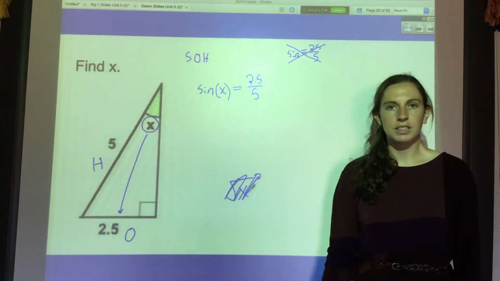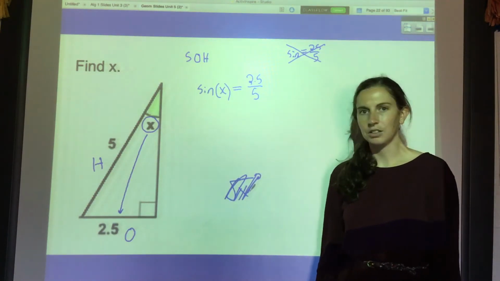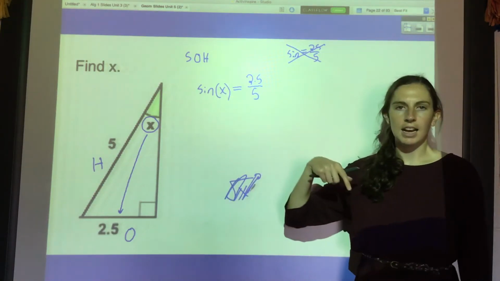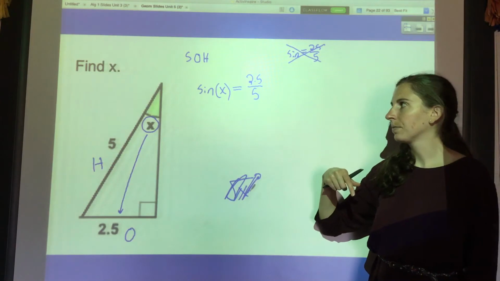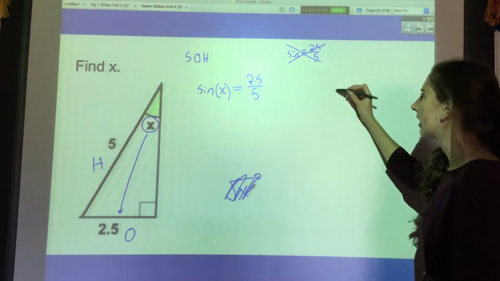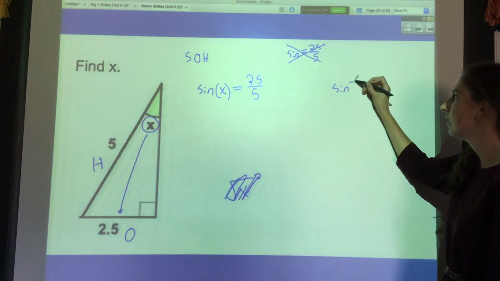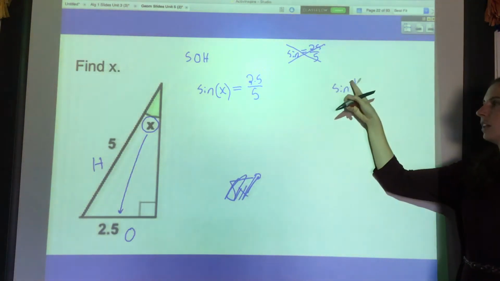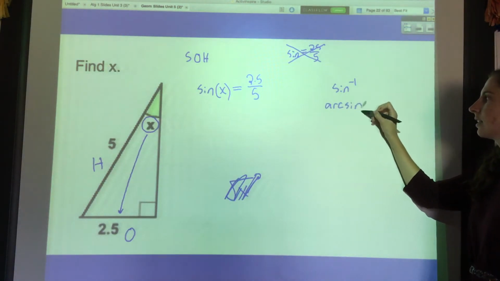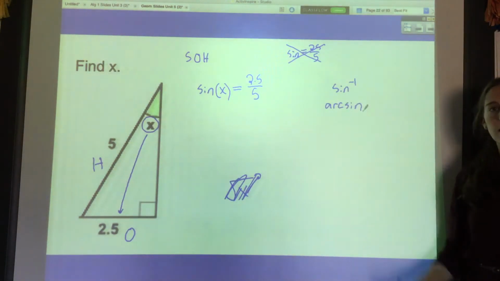The inverse of sine is literally called the inverse of sine, or sometimes arc sine. I'll show you that in a second, but basically it looks like this. Sine with a little -1, or sometimes we write out arc sine. Both of these just mean the inverse of sine.